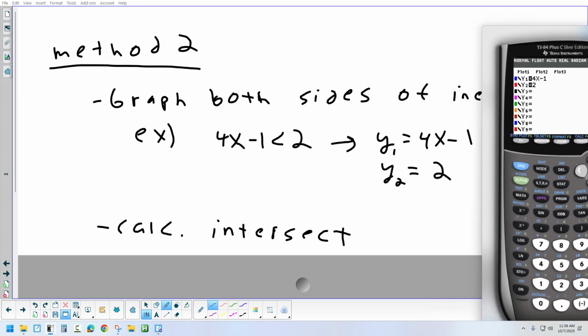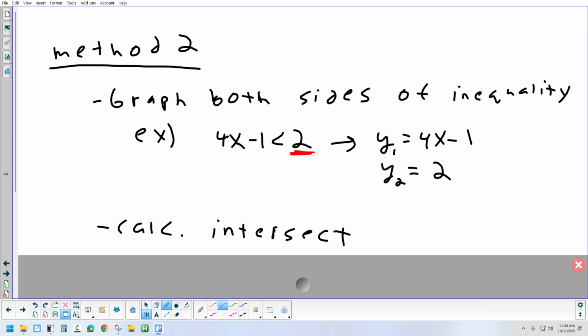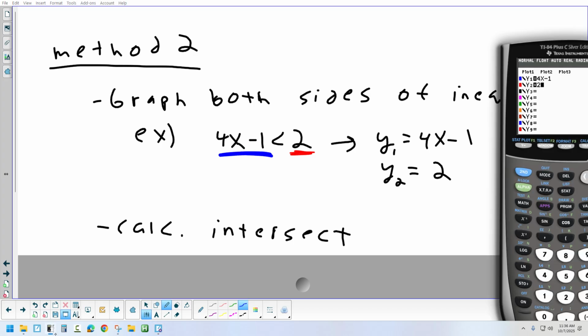And you're going to put each of those into the calculator. Just so we remember, I did 4x minus 1 in blue, and I did the 2 in red. That was red. That was blue. Okay, so let's graph them.